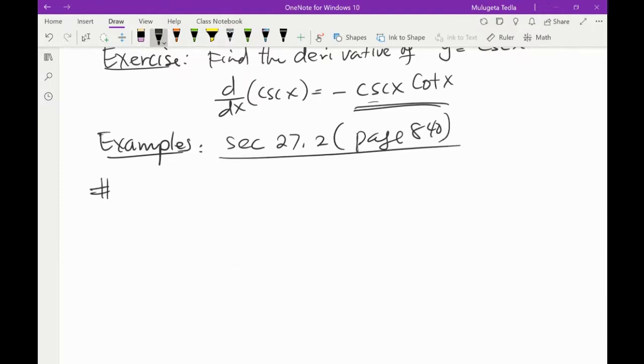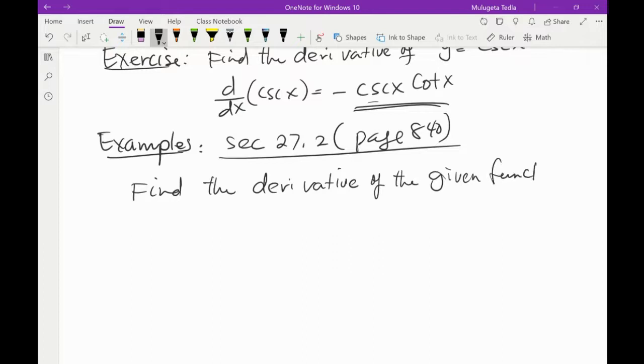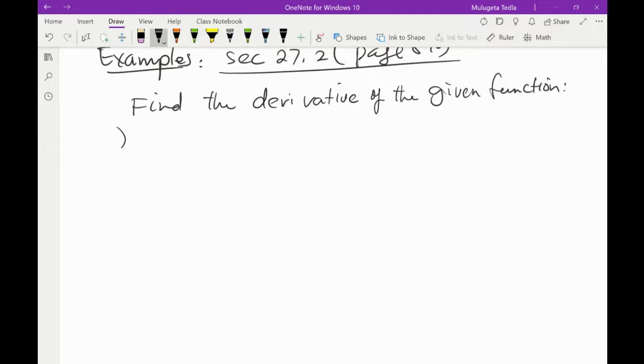Number 4. The instruction is find the derivative. Number 4 is straightforward, but when you're learning it new, it's not straightforward. You have to learn it.